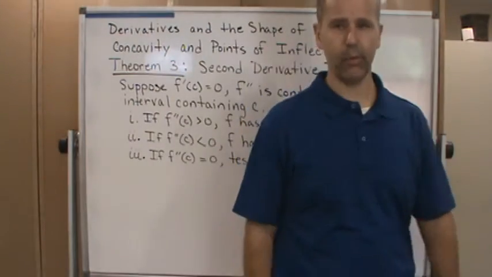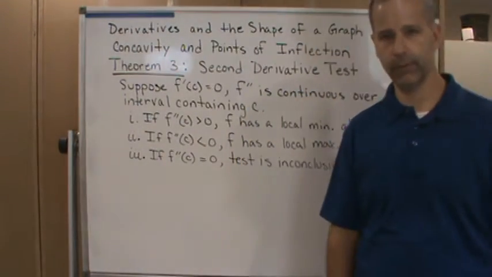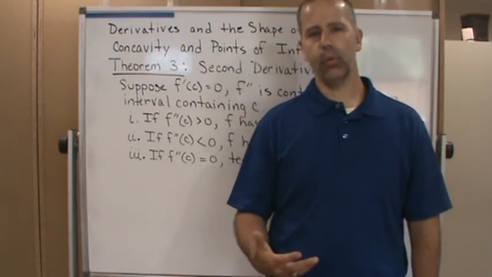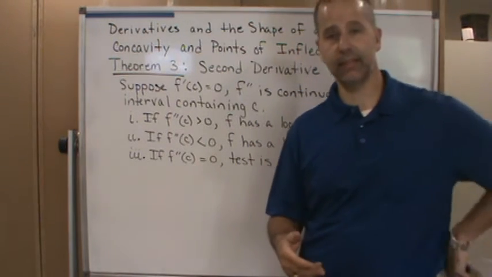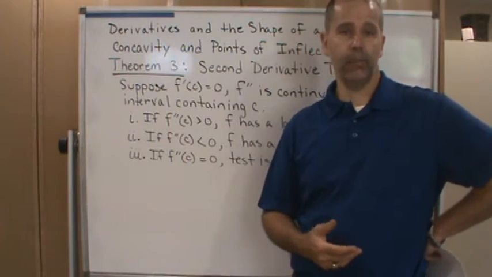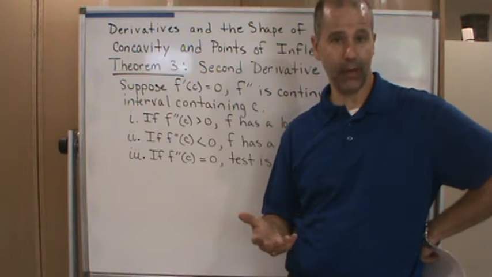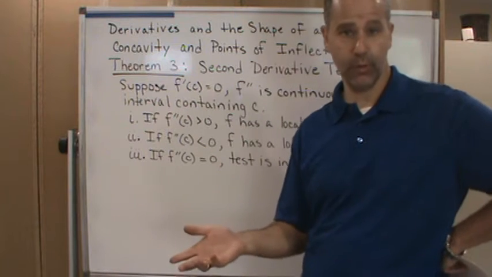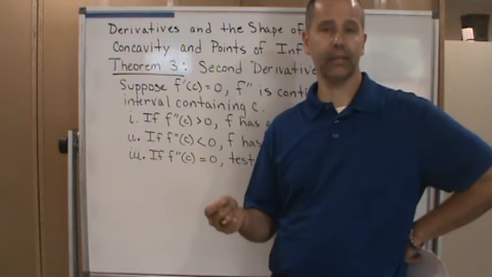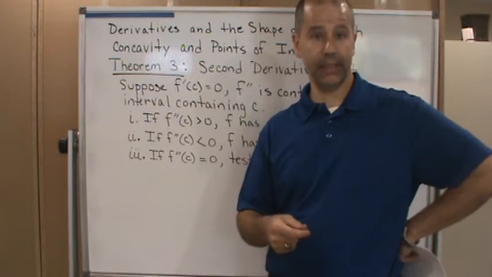Okay, welcome back. And now we're going to talk about the second derivative test. So up to this point, we've introduced a lot of things that we can look at to find maximum and minimum values, right? So with the first derivative test, we looked at whether the function was increasing or decreasing.